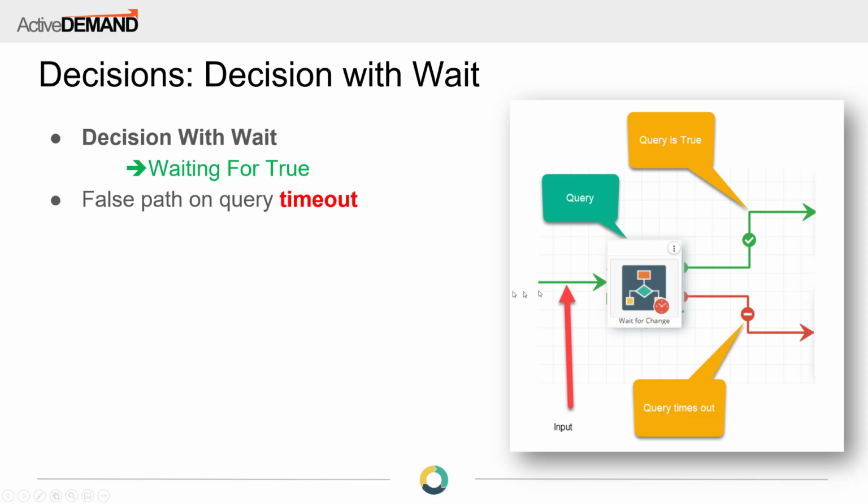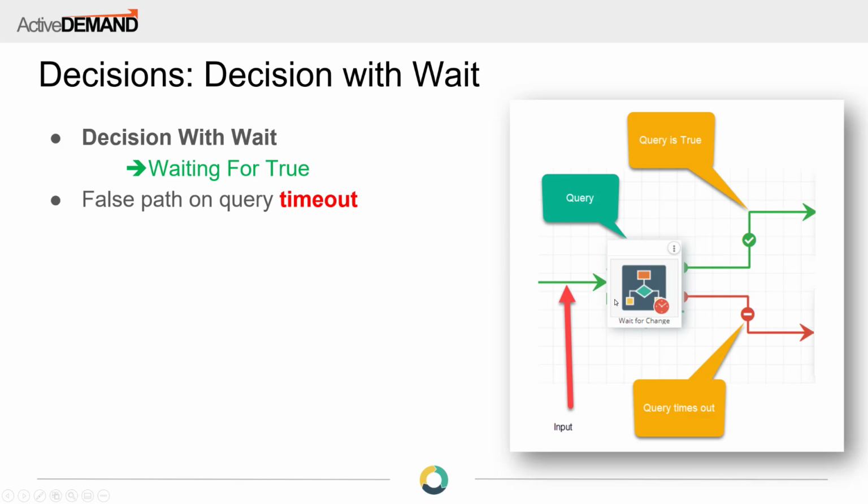So if they come in and the query is false, it will wait for and keep checking that query to see if it's true. When it does become true, it's going to pass through.